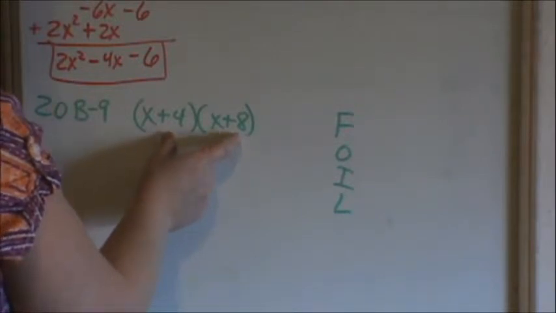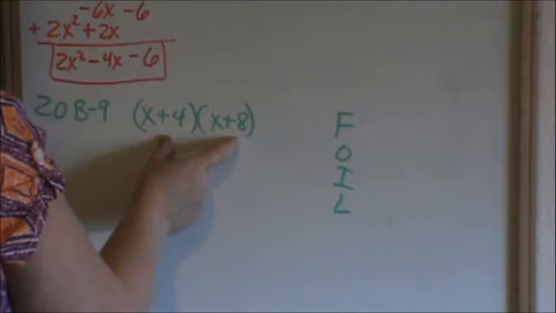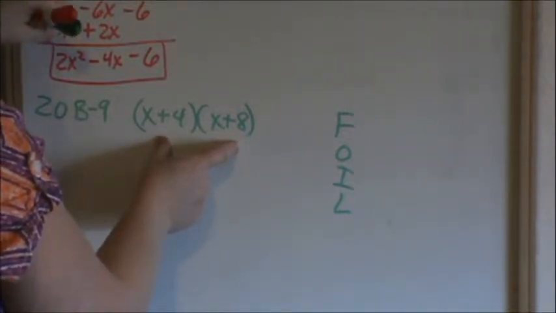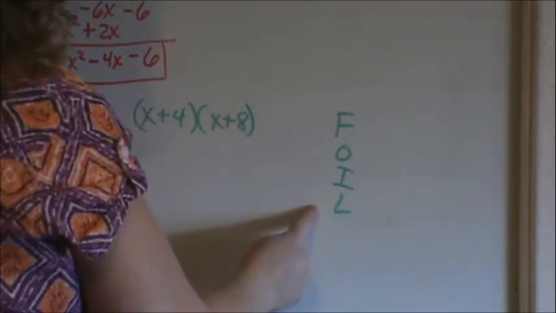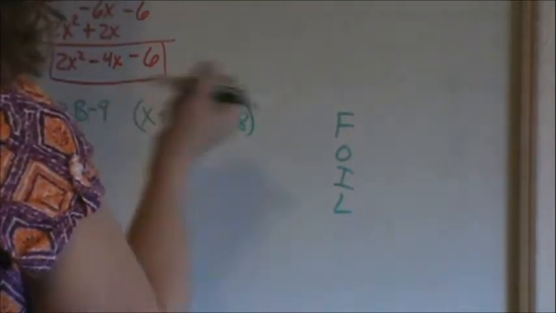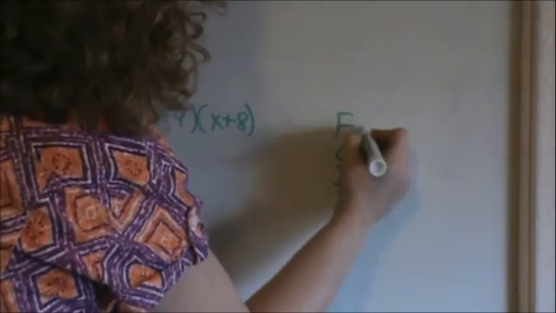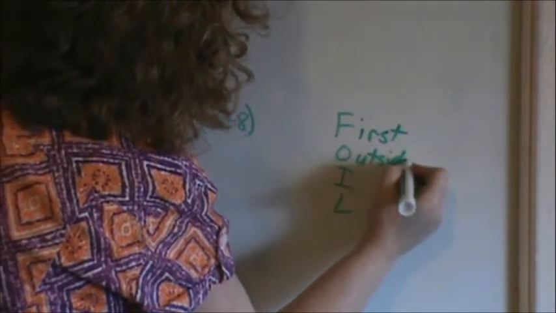You will do this 90% of the time in algebra, so you need to learn this more so than multiplying vertically. To multiply horizontally, we're going to use what we call the FOIL method. You will hear me say this over and over. So FOIL means first, outside, inside, last.